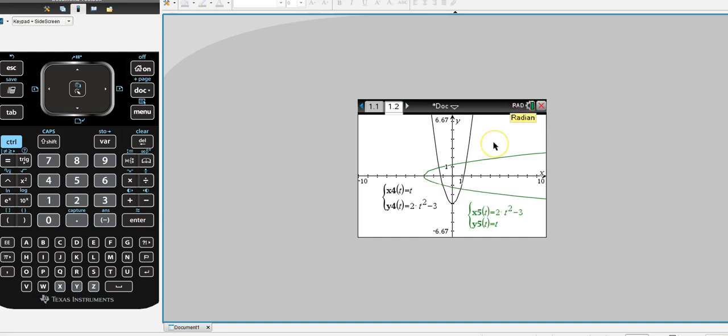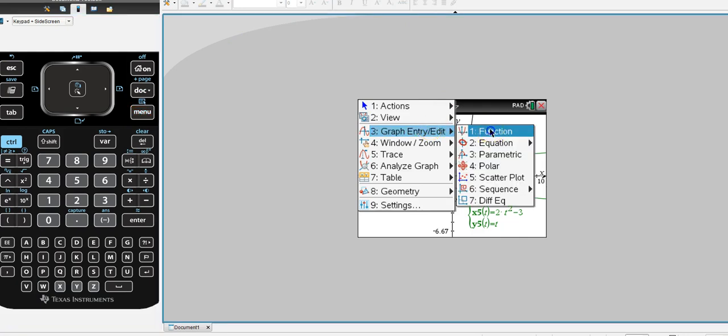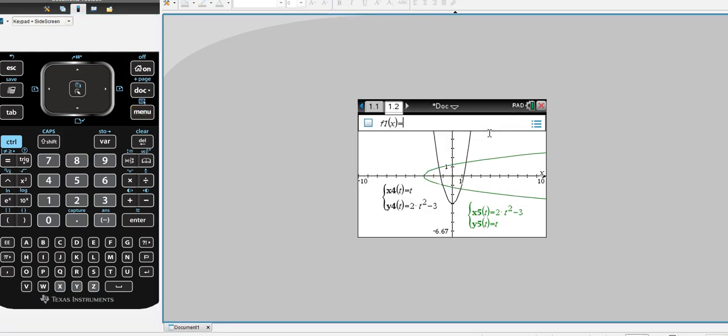Notice that these graphs have a special relationship, and you can see if I put in one more line. Actually, I want to do this other one in just rectangular form. Let me escape out of here, and we'll add in another graph entry edit function. I just want y equals x. It's interesting, on your calculator you can do them all in different ways.